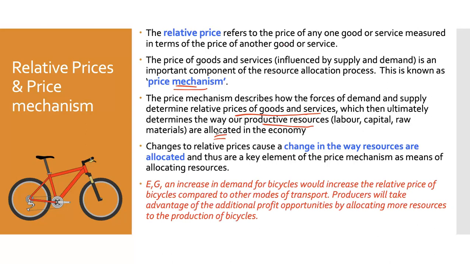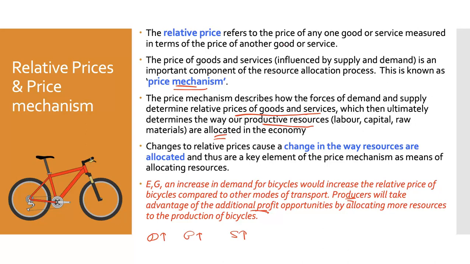For example, and examples are always a good way to try and understand economics, an increase in demand for bicycles would increase the price of bicycles. So if demand goes up, the price of bicycles will go up. Producers, so suppliers, will take advantage of the additional profit they can make and allocate more resources to it, and supply will go up.